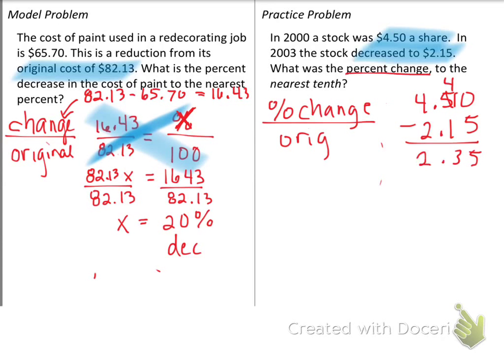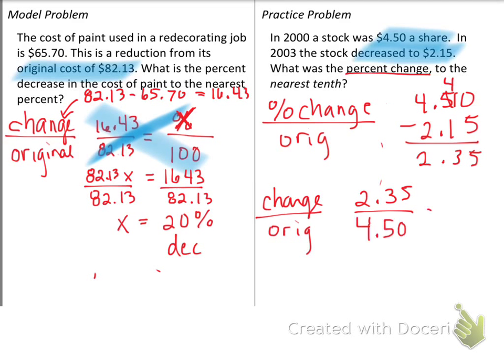$2.35. So the percent of change is $2.35. So our change over original, our change is $2.35. Our original, so which was the first one, was $4.50. Equals, we don't know our percent of change, but we know that percent is always out of 100.